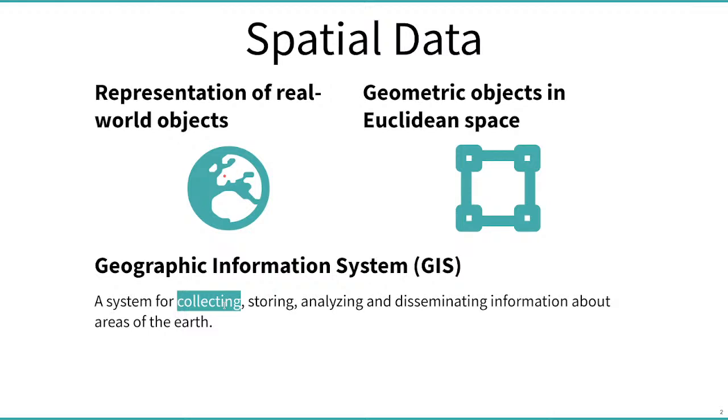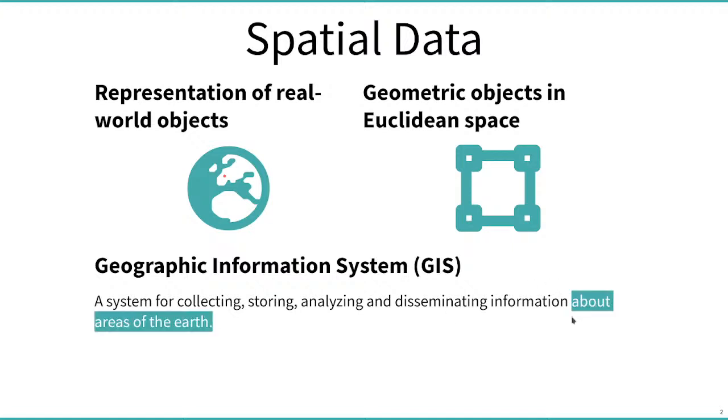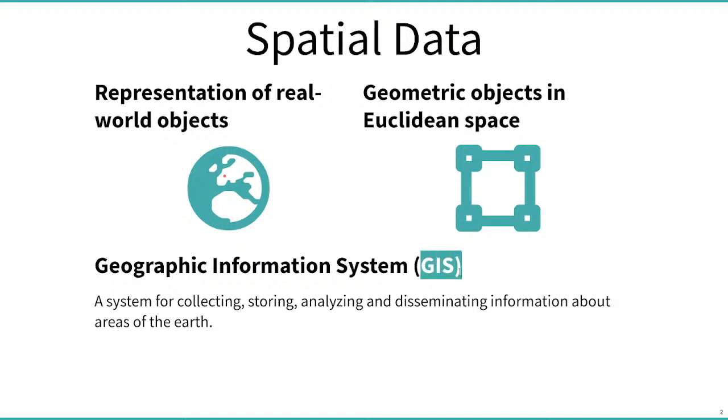There's a website where people insert the data. So data is collected and stored in the database. Then at the other end, people analyze this data, make some computations, and they provide the data for everybody, or a limited number of people to access the data. And the area of the Earth is what is stored in such a geographic information system, also called GIS.